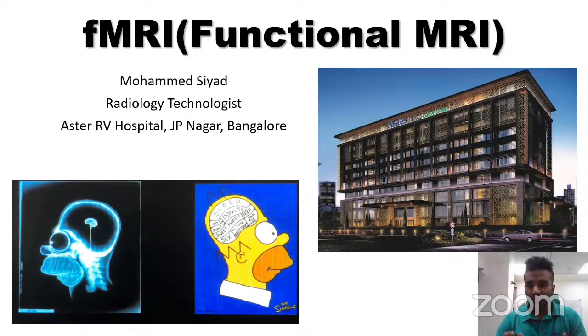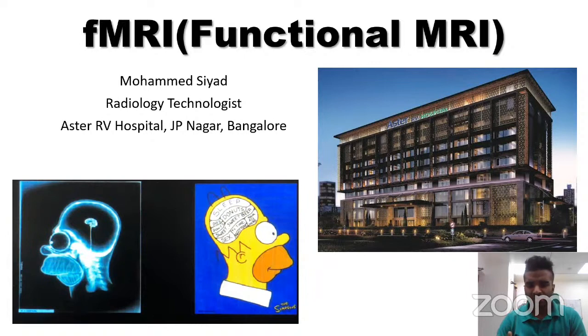Whereas in fMRI, we are acquiring images of the metabolic functioning of the brain. Metabolic function we get in the form of activation. I'll get into how that happens.